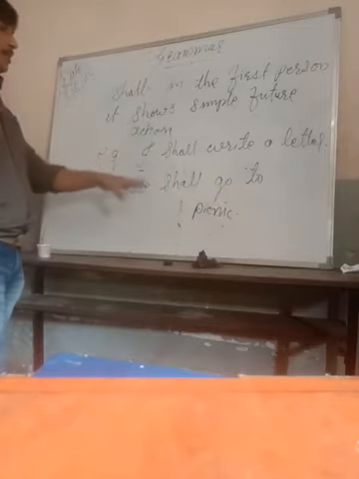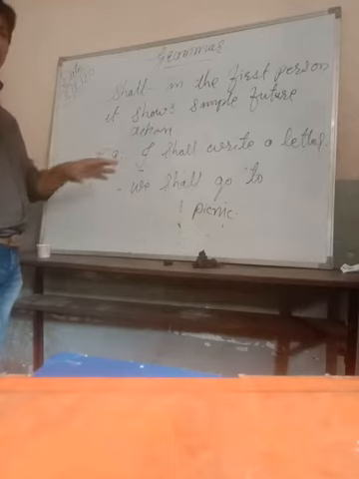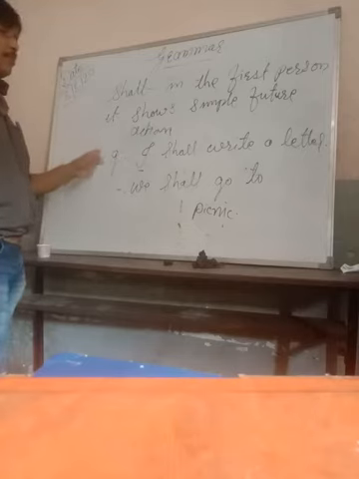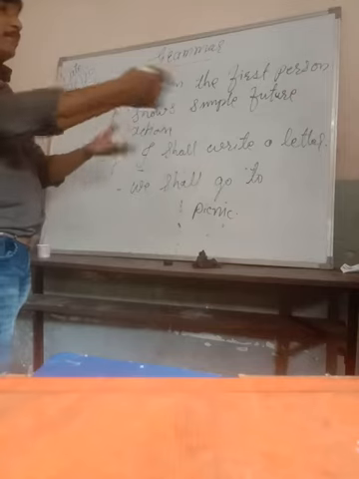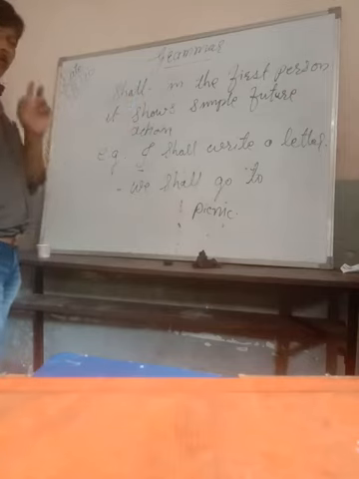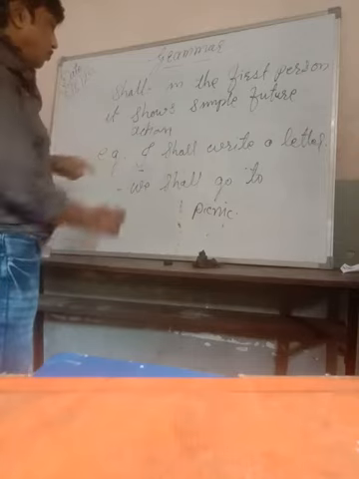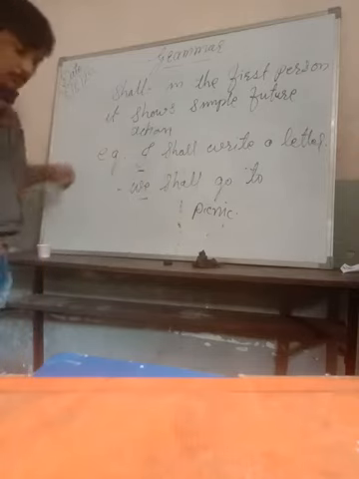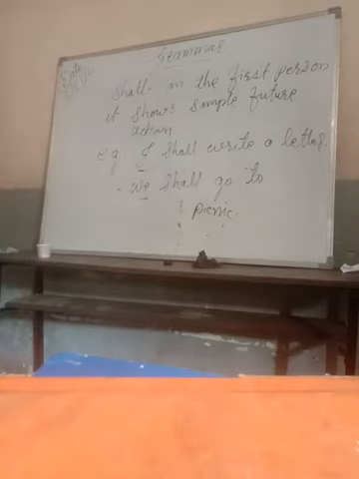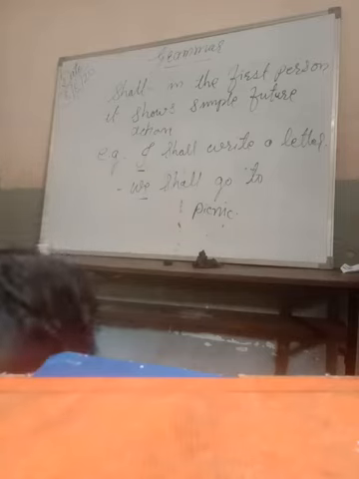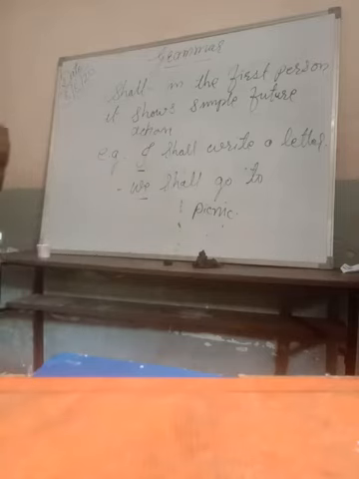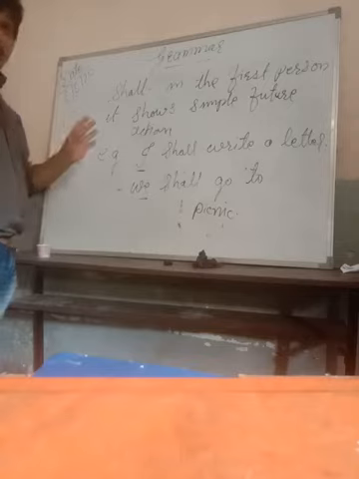In both sentences it is showing the future action, the simple future action, because that will take place some time later. Okay, but when it comes with first person. Now look here, I and we are the first person. So you got it now?